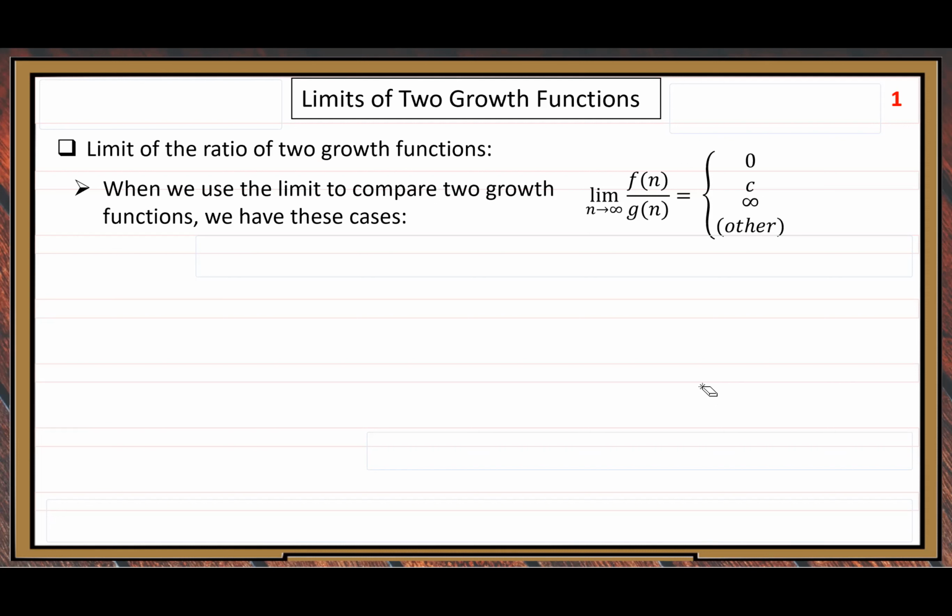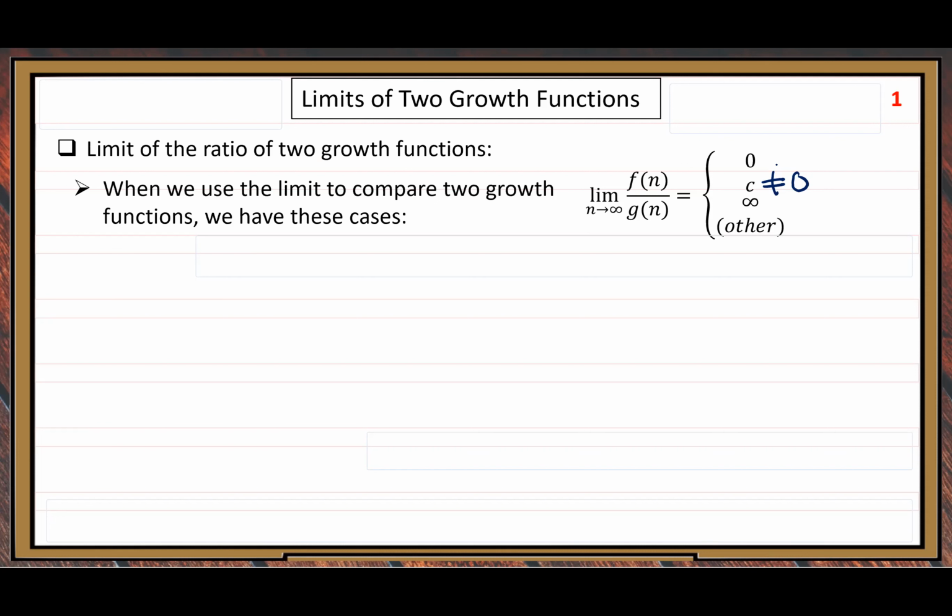Second one, constant c, but this constant c not equal to zero, okay? Non-zero constant, the second case. The third case, infinity. Infinity, third case.